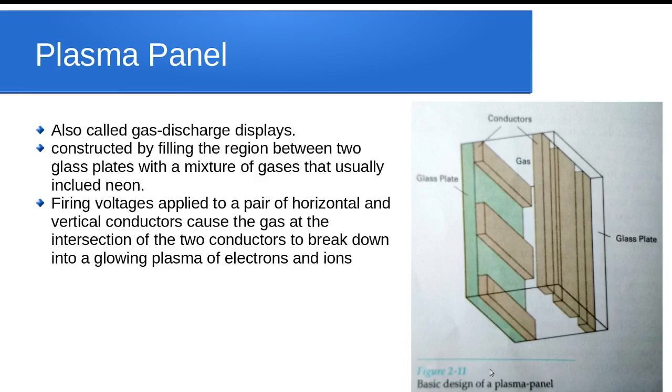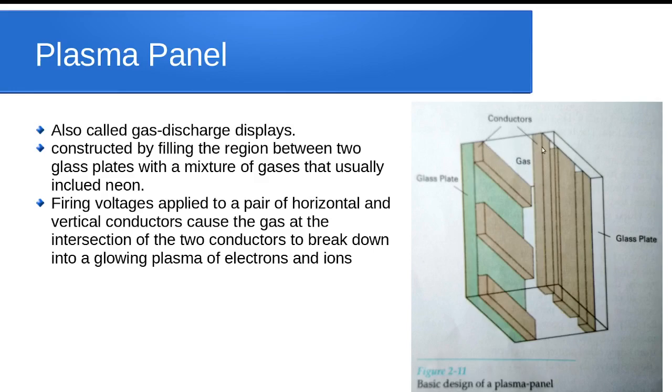What I was telling is the two glass plates are there, and then two conductors. On one glass plate the conductors are placed horizontally, and on the other glass plate vertically. In between these two there is gas, a mixture of gases that usually includes neon. Now what happens is we fire our electrical voltage on these conductors.